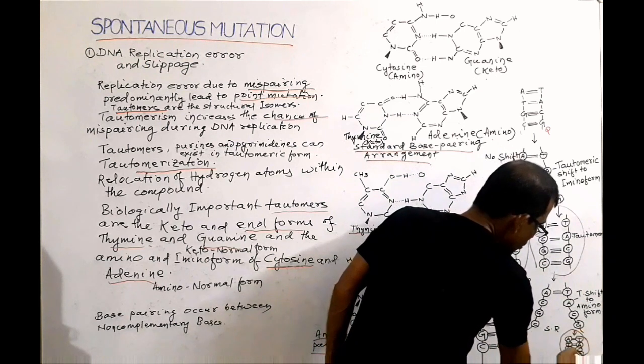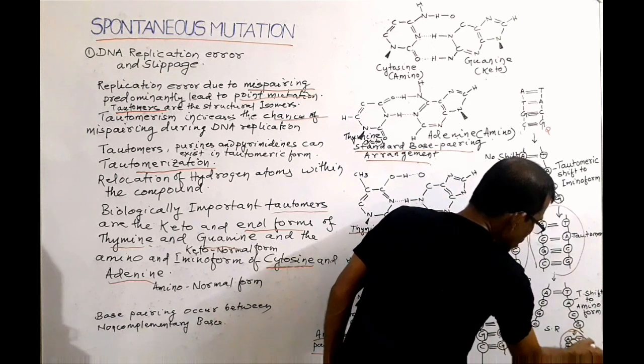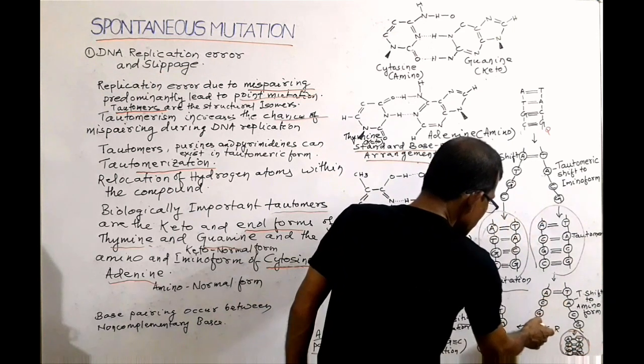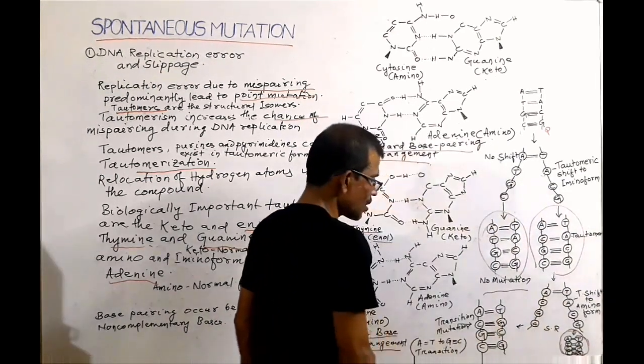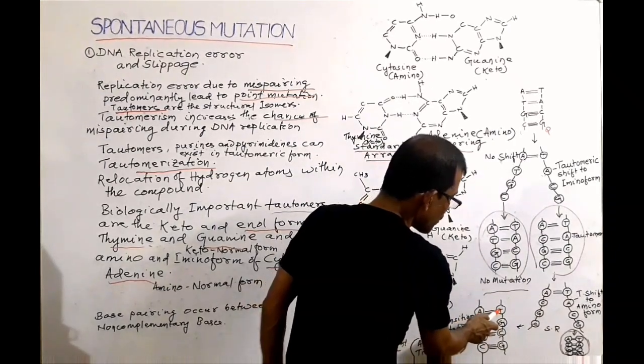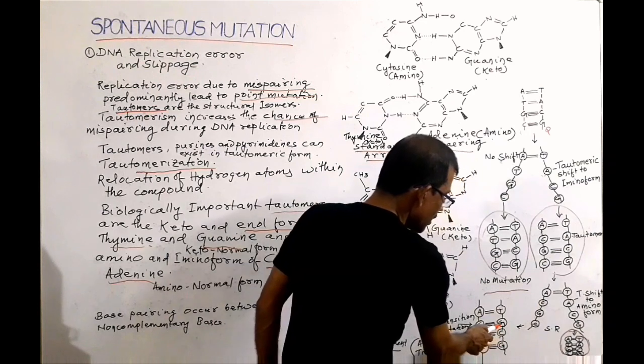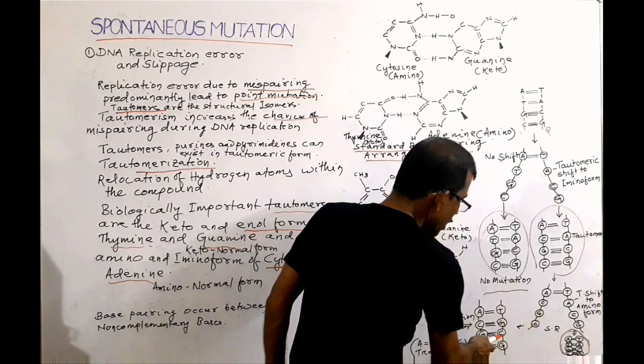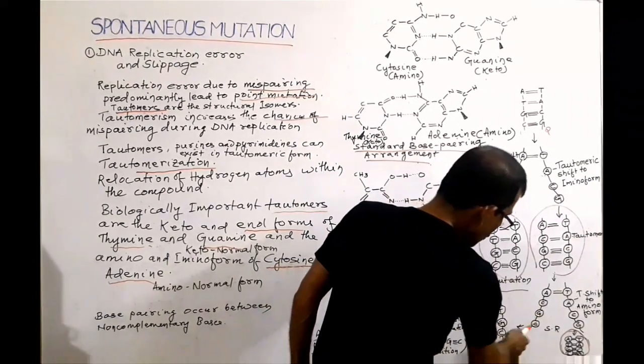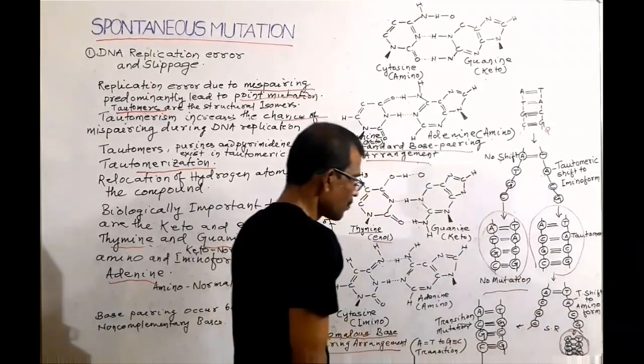So, this DNA molecule will be normal, there will be no mutation. When this strand is replicated, you see adenine will base pair with thymine, cytosine will base pair with guanine, guanine will base pair with cytosine, and cytosine will base pair with guanine.